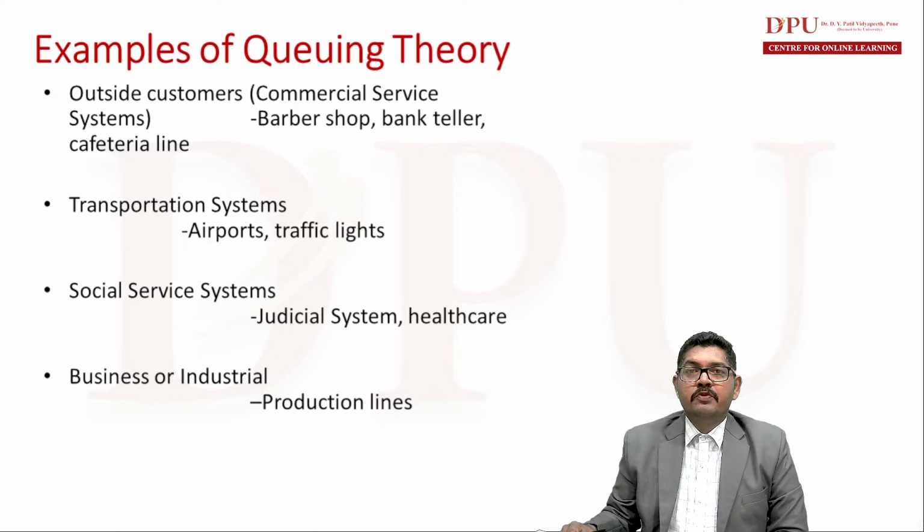Traffic lights: we have to wait in traffic until we get a green signal. Social service systems can be the judicial system, healthcare. There also we have to stay in a queue until we get service. And then there can be production lines. In production lines, different jobs have to wait before they get processed on different machines.